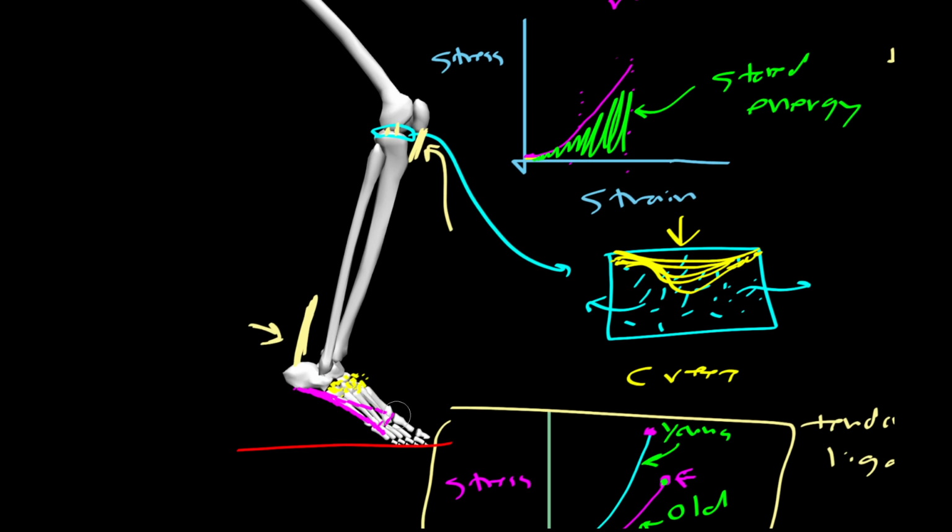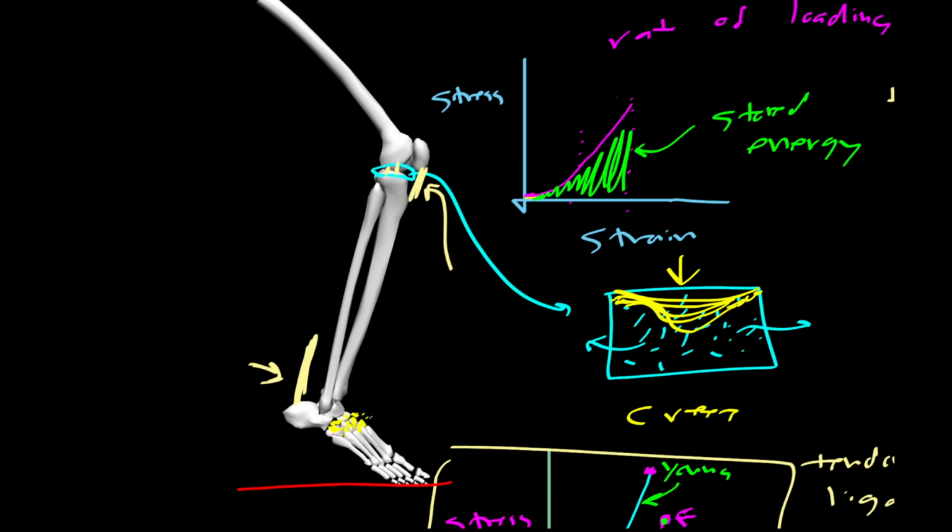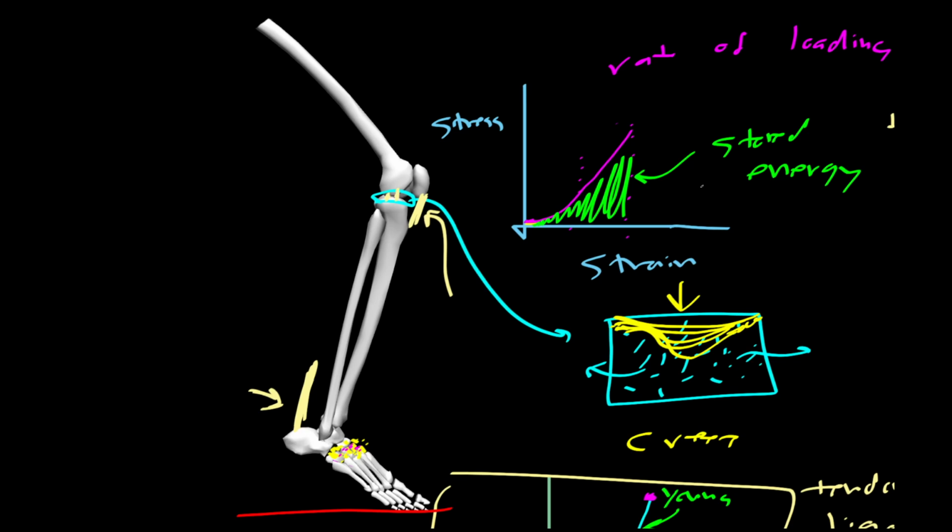But if you do a cadaver dissection and you cut up the plantar fascia, you'll find that the arch still retains a good amount of rigidity, and that comes from energy stored in the midfoot ligaments, because of course a cadaver can't contract its muscles, so clearly that rigidity can't be coming from muscles either. So it's less common, but we can think about ligaments, especially in the midfoot and probably some other places in the body that just aren't coming to mind right now. We can think of ligaments as being able to store energy as well.